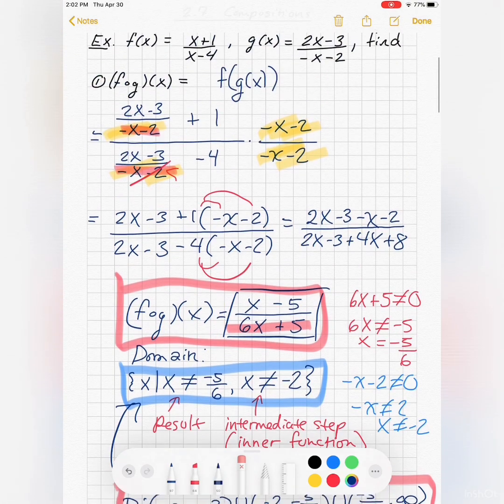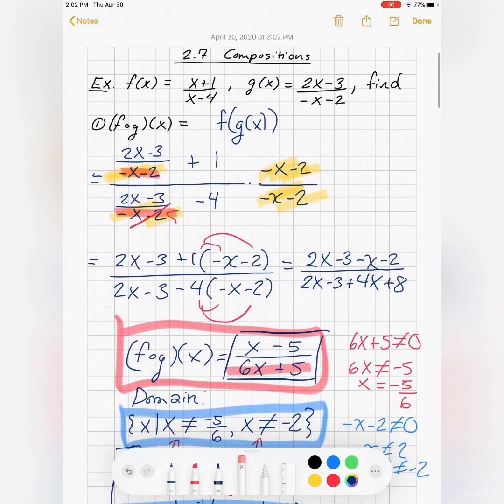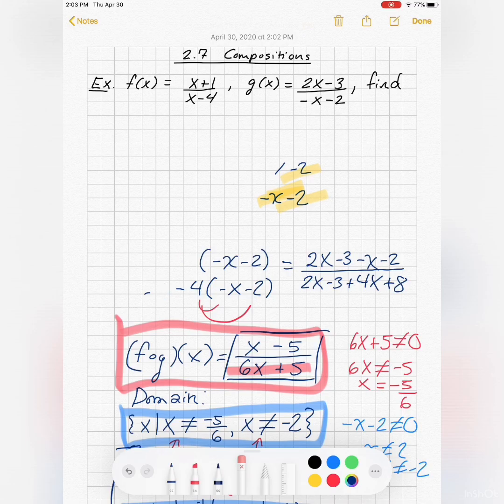So what if I wanted to compute, say, a numeric value? Let me give you a couple options. I'm going to clean this up so we have a little bit more room. So I'm thinking, well, what if I wanted to know f of g of 1?